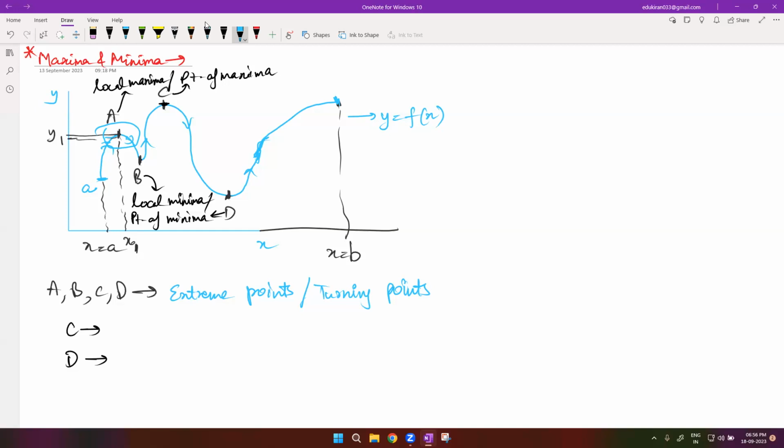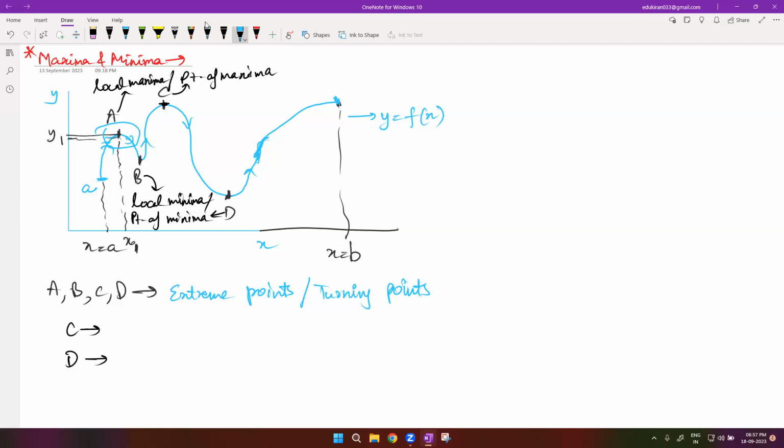So there are 2 concepts here. One is local minimum, and the second is absolute minimum, or absolute maximum. Absolute minimum or absolute maximum means the value of the function at its lowest and at its highest. But a local minima or local maxima is when a point is highest in its neighborhood.